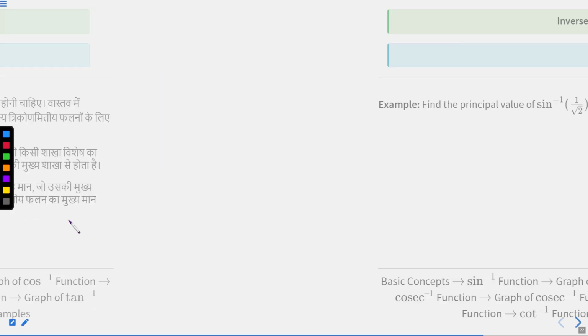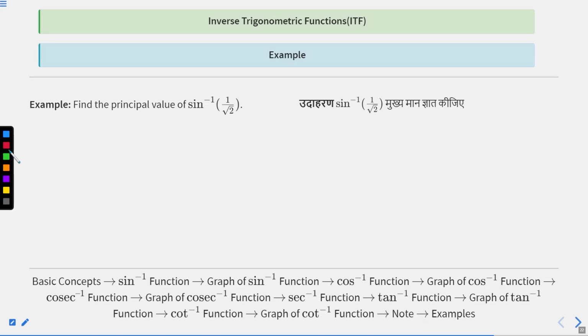Let's do some examples. Find the principal value. That means find the x belonging to the principal value branch. And for the sine inverse function, the principal branch is minus pi by 2 to pi by 2.